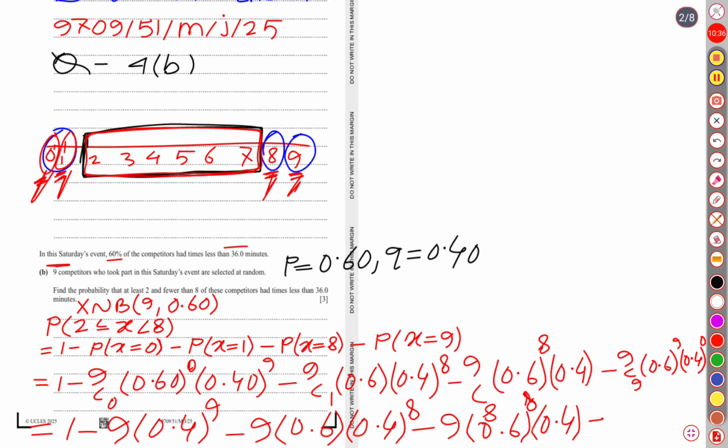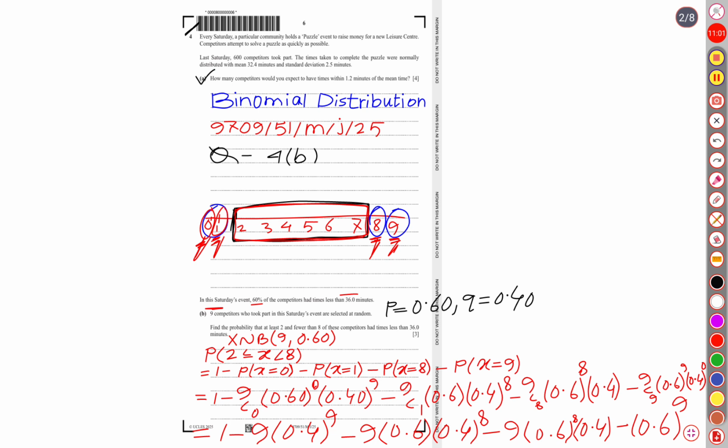Then 9 choose 9 is actually 1. If you choose all 9 people from 9, there is only one way, and our probability is 0.6 raised to 9. As the second part is 0.4 raised to 0, meaning 1, there is no necessity of writing 1.